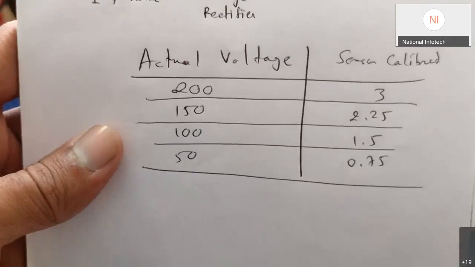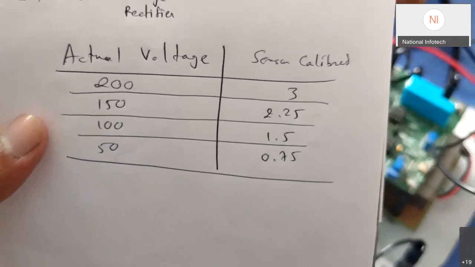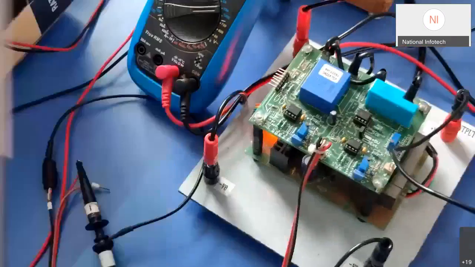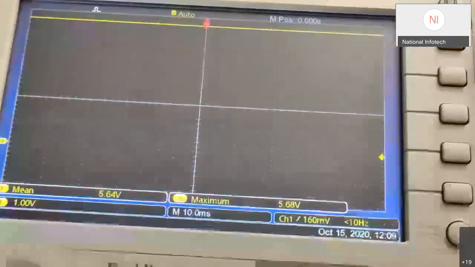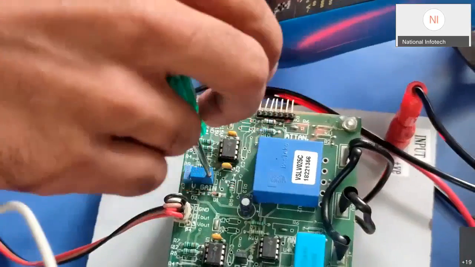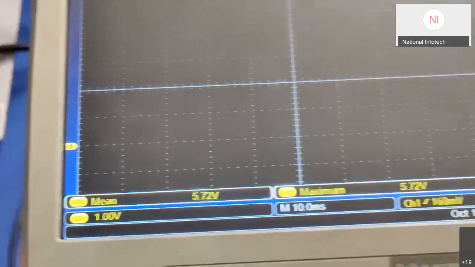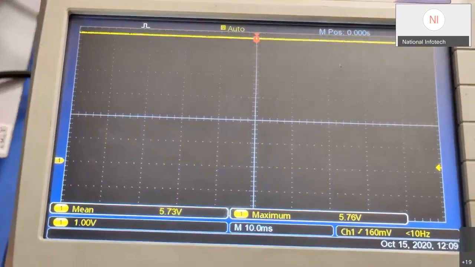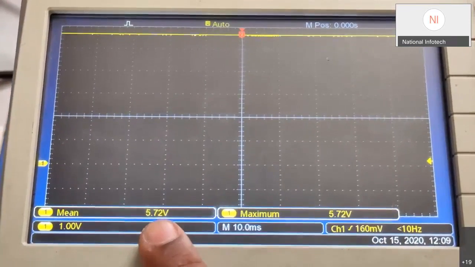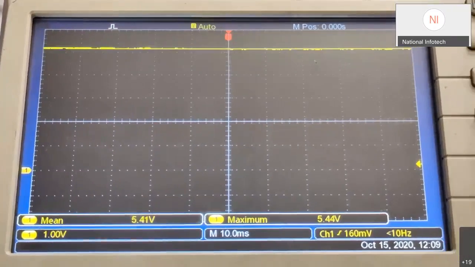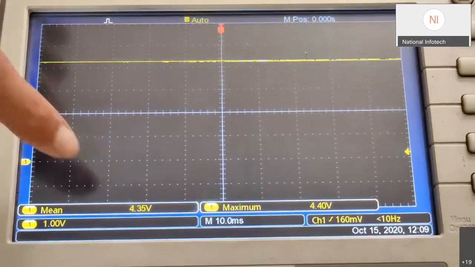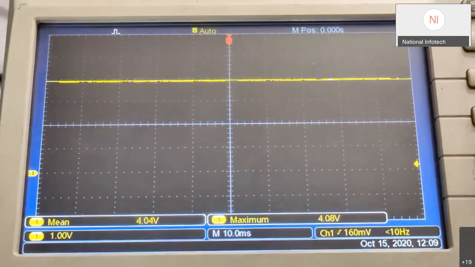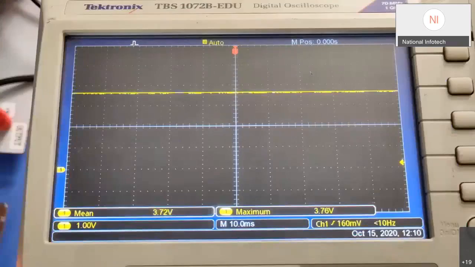As you can see, we have written down the calibration. So we are calibrating at 1.5 volt. On the DSO screen, I'll vary this pot on our V3 sensor card and try to set 1.5 volt. As you can see, the voltage is coming down. The mean value and the maximum value are the same since it is DC, so it won't be affecting.